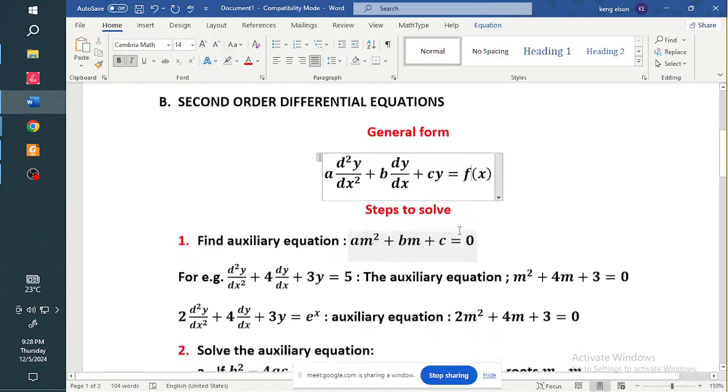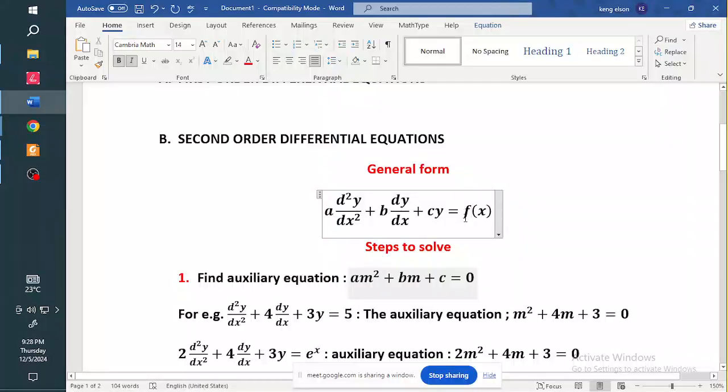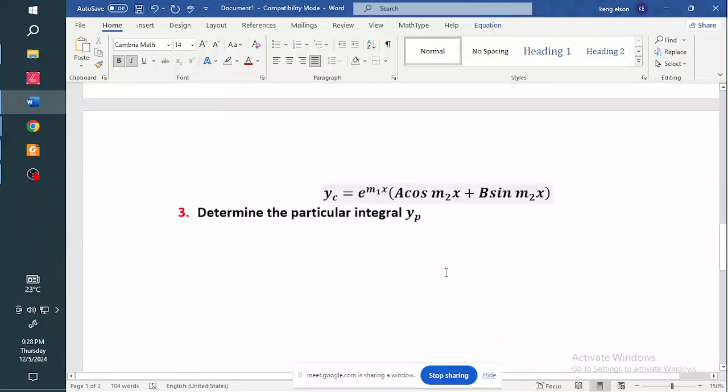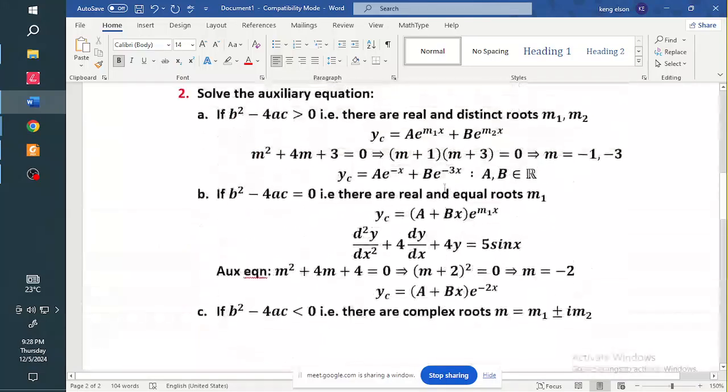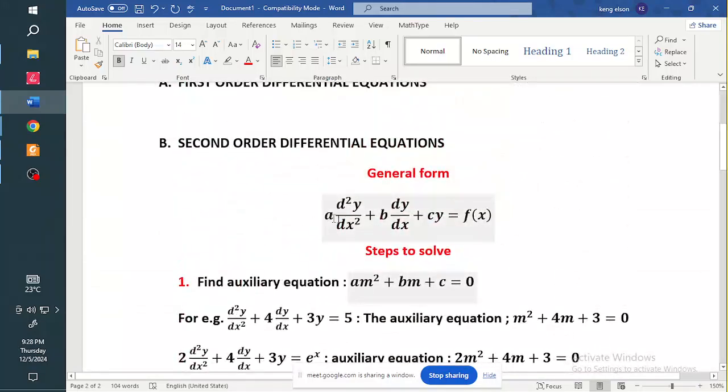You just have to note that the particular integral always resembles f of x. So let me just give you a list of when your f of x is something and how to write your particular integral.